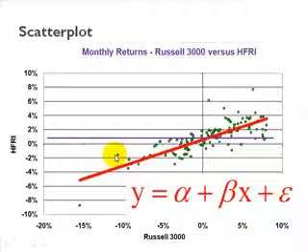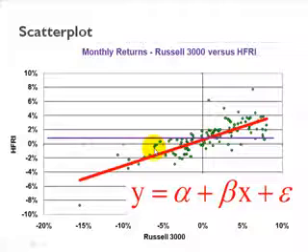If we take one of these observations, like this observation right here, and look at the distance from that observation to the regression line, if we take that distance and square it, and then do the same for this next observation and for each of these observations, we can call that distance the error between the actual observation and the y as predicted by the linear regression.